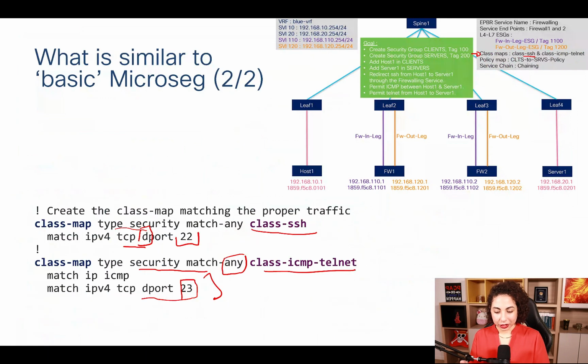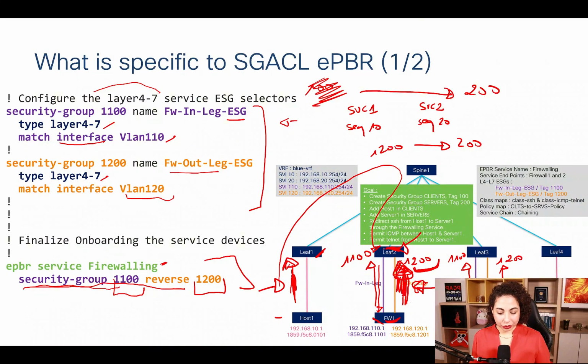So exactly what we are considering here for our example for the forward, it will apply for the reverse. It is the same thing because it's exactly the same logic. It's just that the ESG numbers will be different if we have two arms, okay?